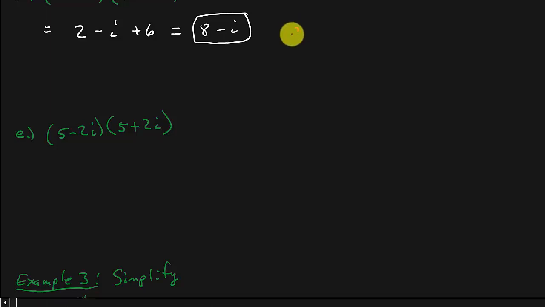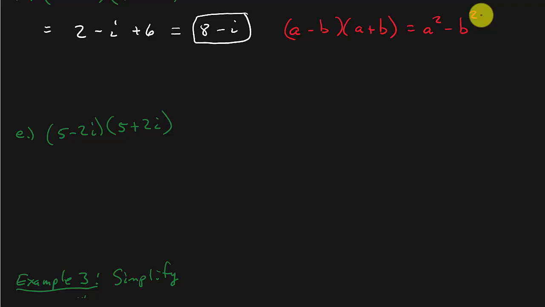This right here kind of looks like a minus b times a plus b is a squared minus b squared. Okay, so you probably recognize that. All right, and if you've watched the previous videos for these college algebra lectures, then you've definitely seen that.